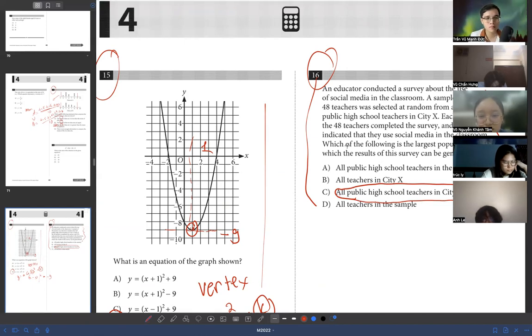The integers were selected at random from all public high school teachers in city X. This one, right?